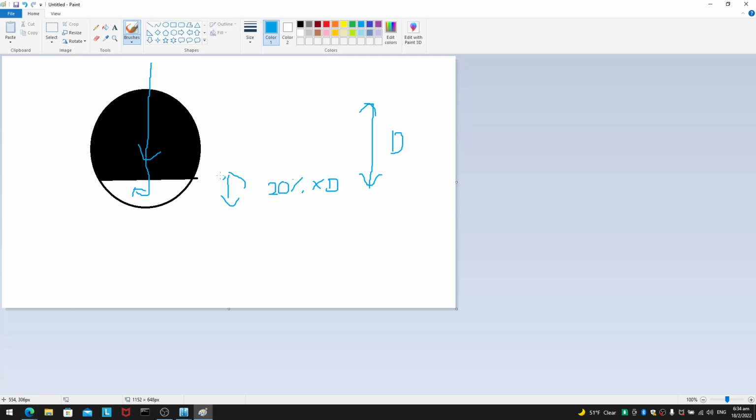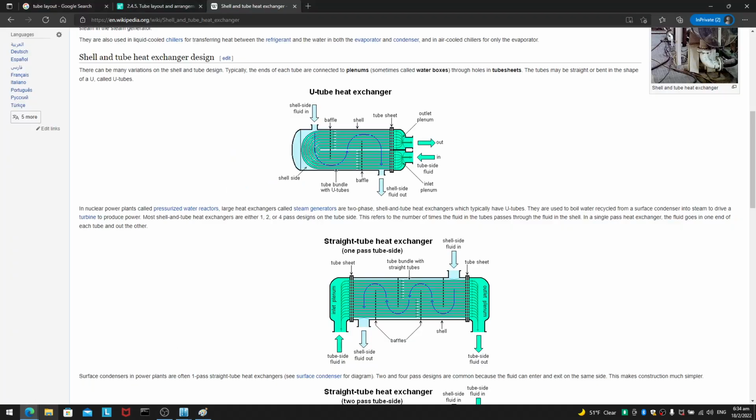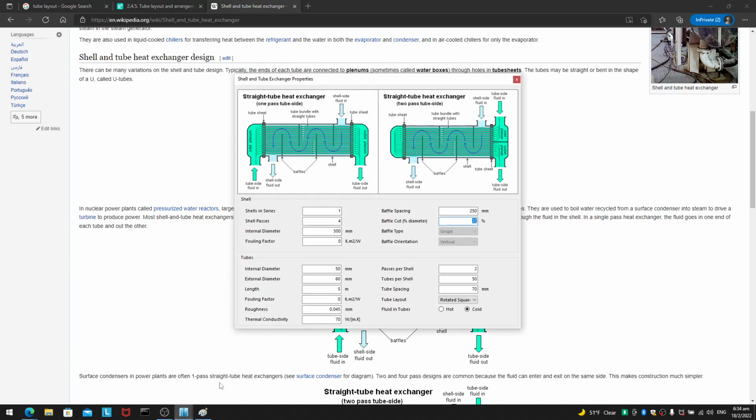So you are able to adjust this manually. You can put a 30% cut, so you can actually make this white space a little bit bigger. The advantage of this is that it will allow the flow to go through the tubes a little bit easier.